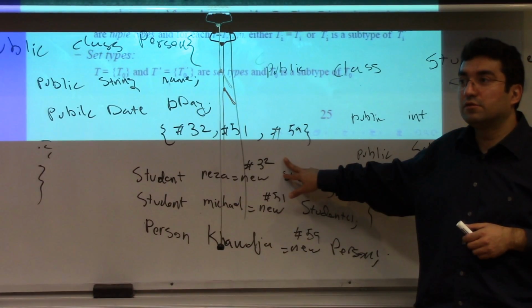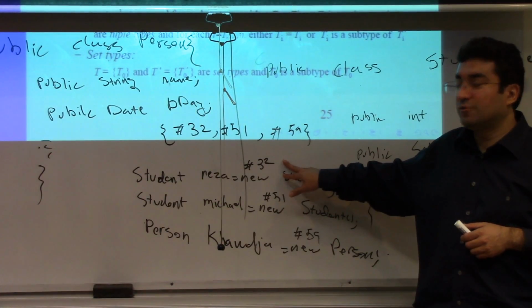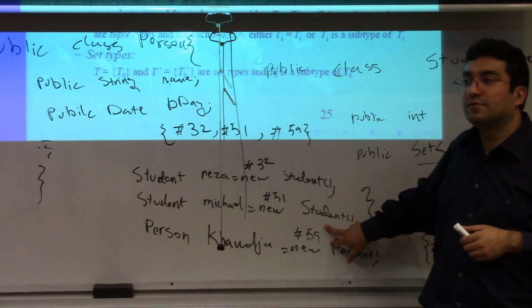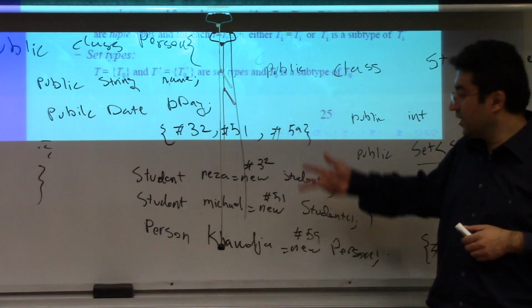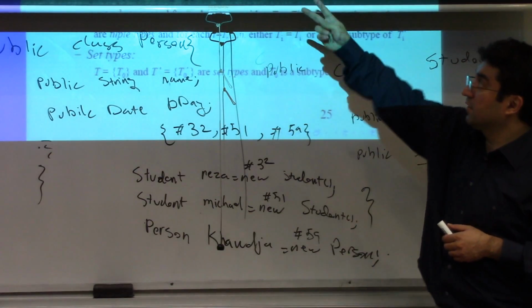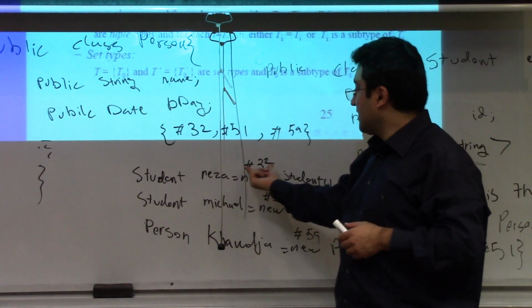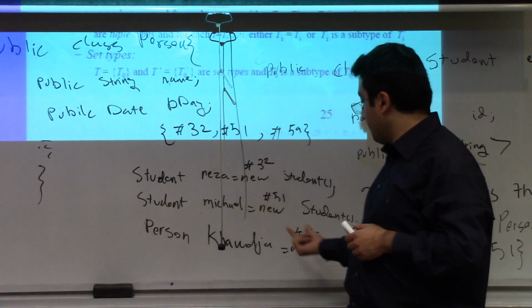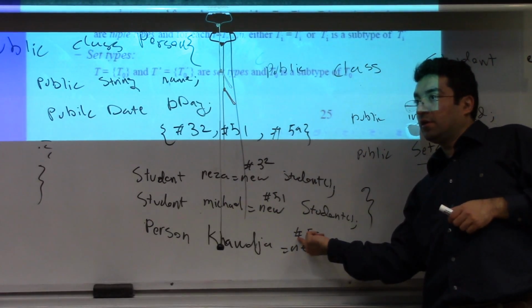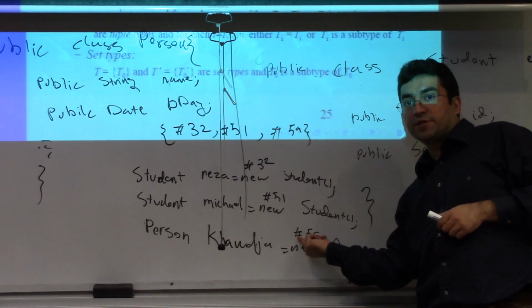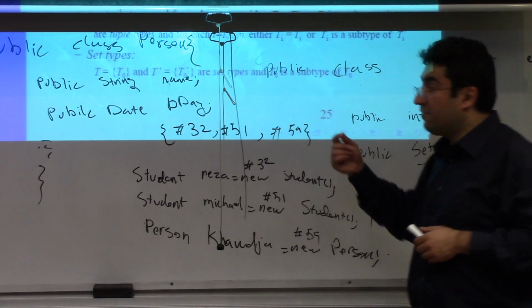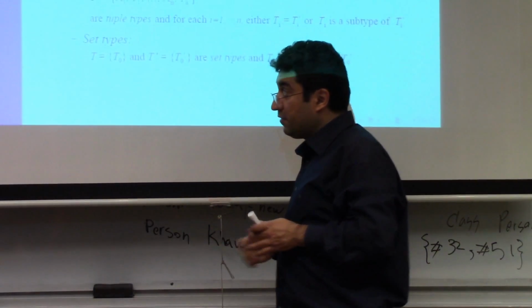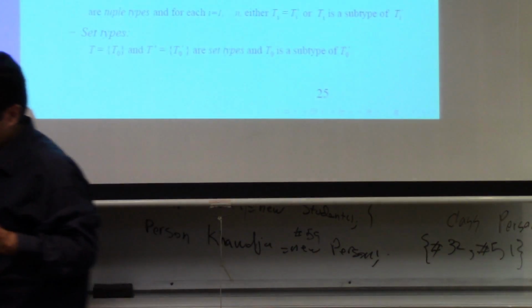No. Is 32 a subtype of 59? Yes, because the class of 32 is student, a subclass of the type of 59, which is person. Okay, so when T and T prime are reference types, you have to consider these classes.